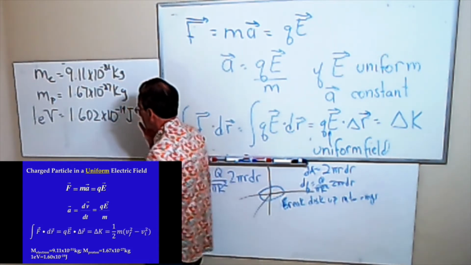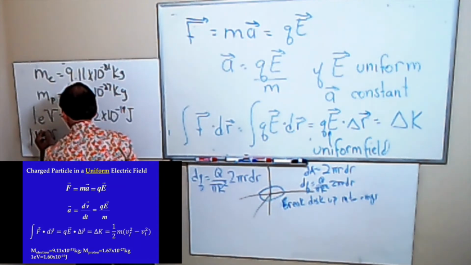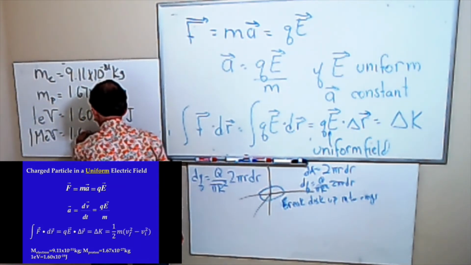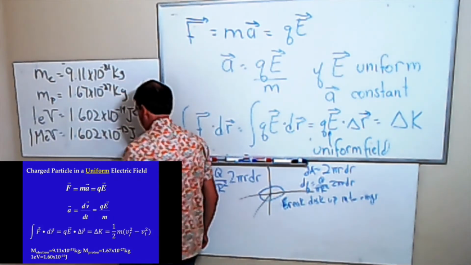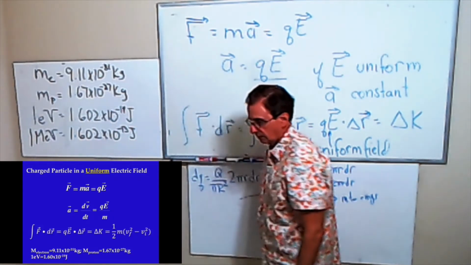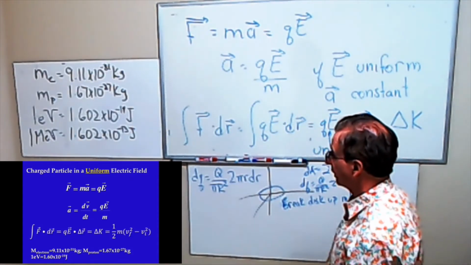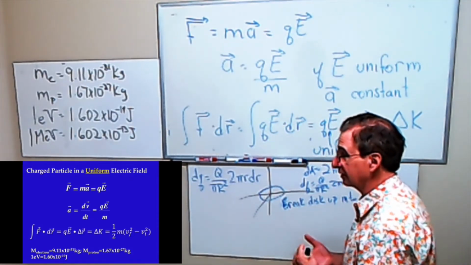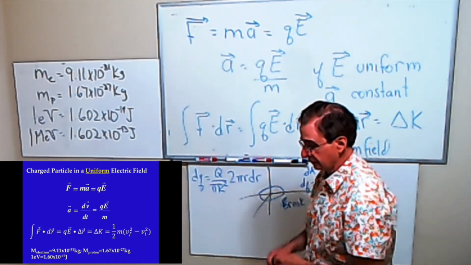Now another unit would be 1 mega electron volt. When we do relativity and we're dealing with relativistic particles, you're going to be dealing with particles that have energies of mega electron volts.